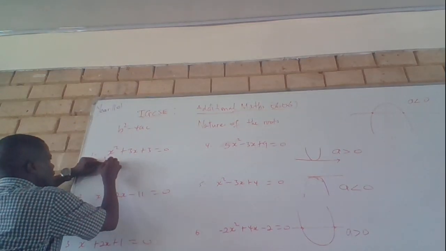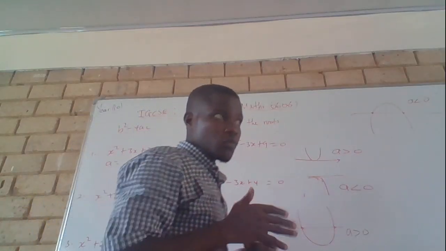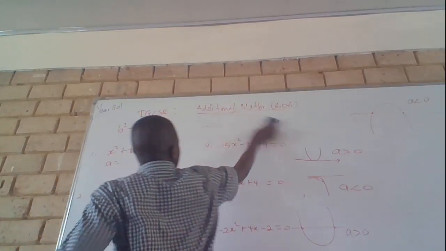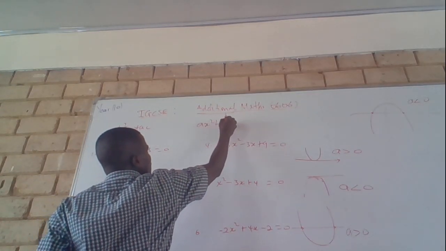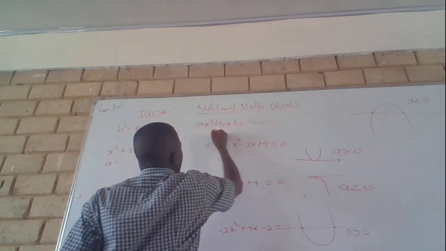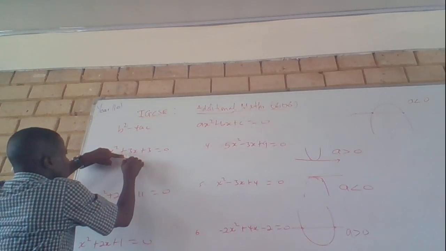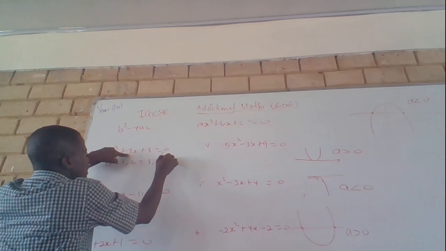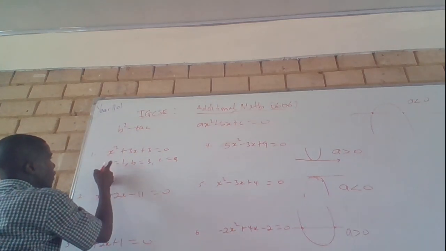Remember, a standard quadratic equation is ax squared plus bx plus c equals 0. Our a here is 1, our b is 3, and our c is 3 also.